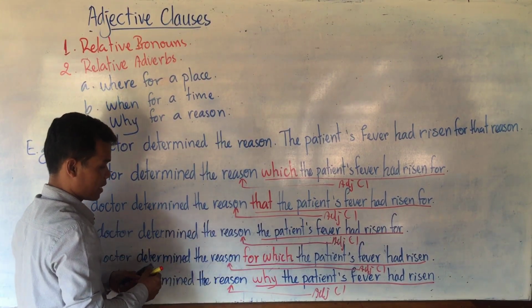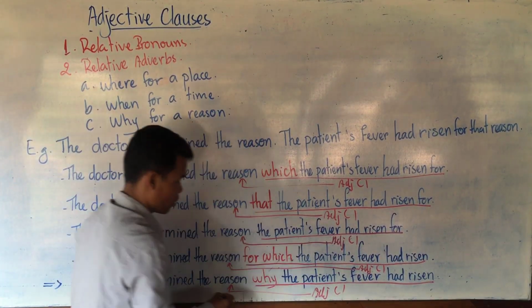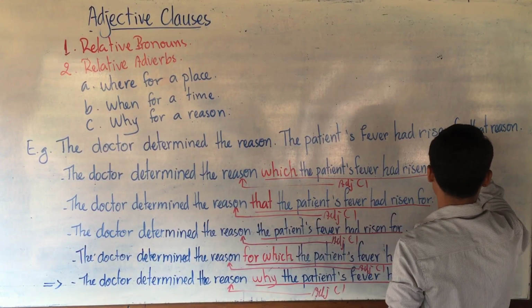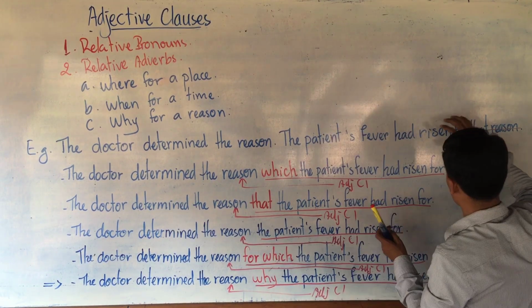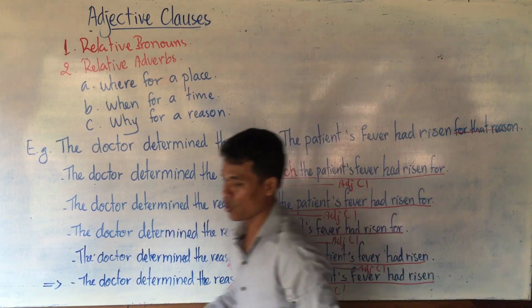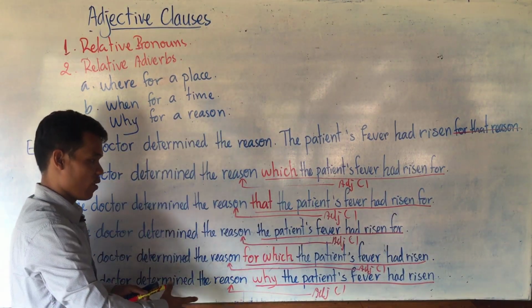You only write like this: the doctor determined the reason why. Actually, you go straight to why, but when you go straight to why, you have to delete for that reason, because why here replaces for that reason. So it's a very short explanation, no need to go further.